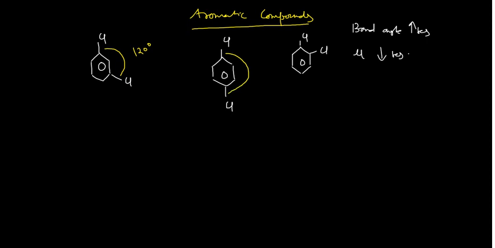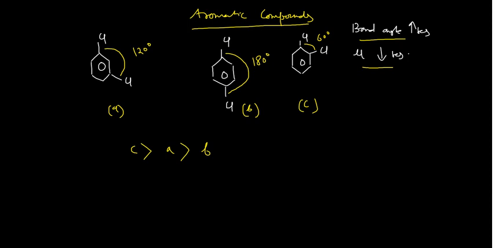In the para isomer, this bond angle is 180 degrees. In the ortho isomer, the bond angle is somewhere around 60 degrees. As I told you, the bond angle increases, the mu decreases. So if it is A, B, C, then definitely C will have the highest dipole moment, followed by A, and B will have the lowest. Ortho dichlorobenzene will have the highest dipole moment while the para isomer will have 0.